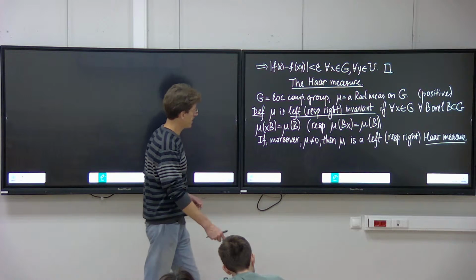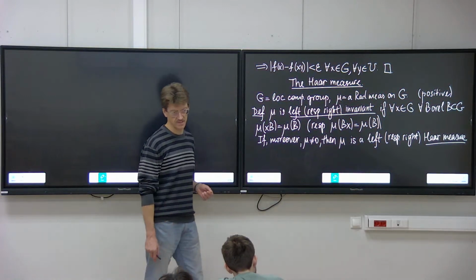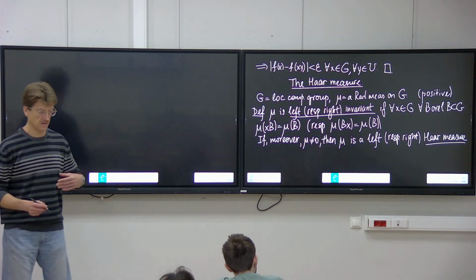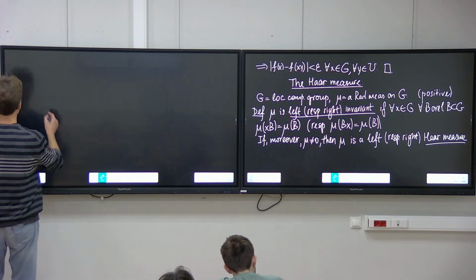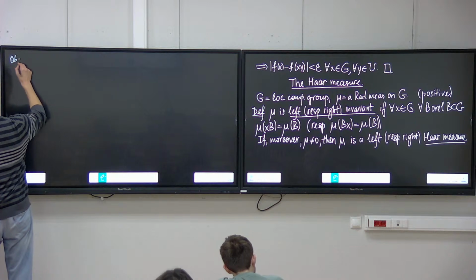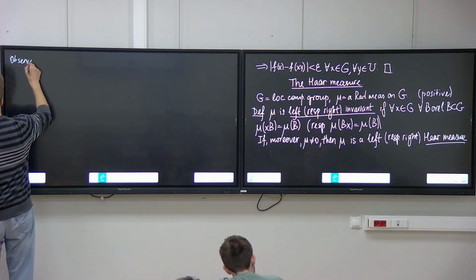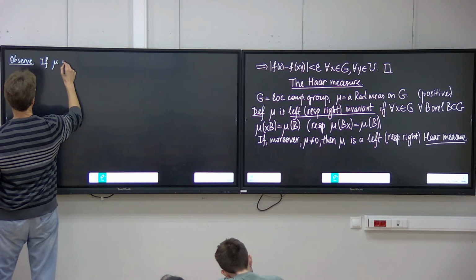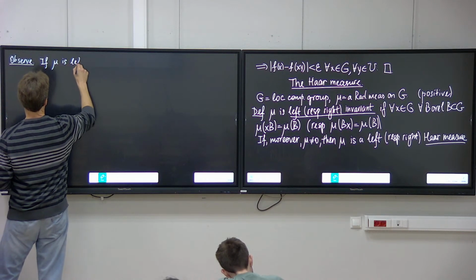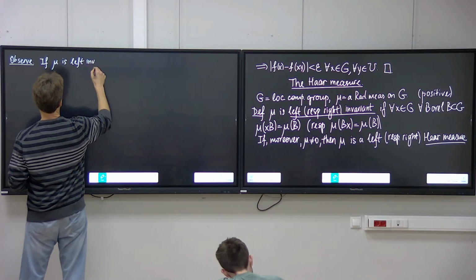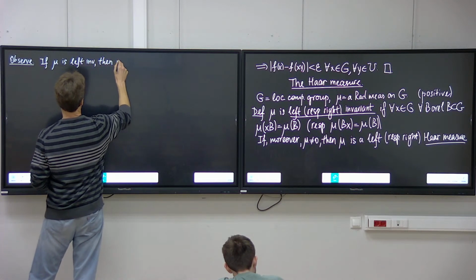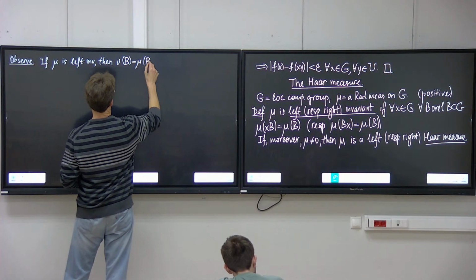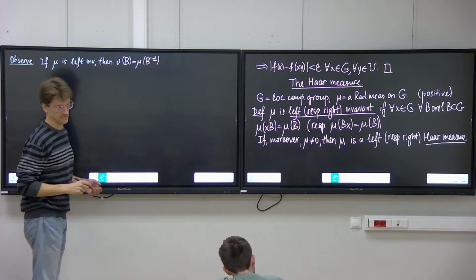First of all, by looking at this definition, we can easily observe that there is a simple one-to-one correspondence between left and right invariant measures. Then let's observe that if mu is left invariant, then mu of b, which is defined in the following way, is right invariant.